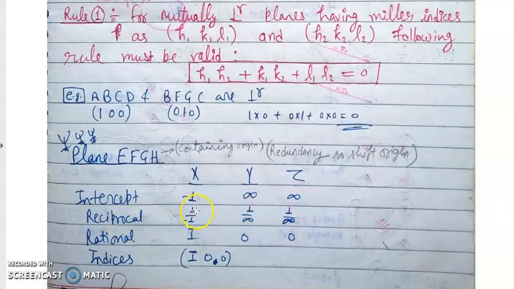If you take the reciprocal, it becomes 1 divided by -1, 1 by infinity, 1 by infinity. So the rationalized value will be 1 bar. Whenever there is a minus sign, you can write it as a 1 bar, and Y will be equal to 0. The rationalized value for this intercept will be 0, and similarly for that it is 0. So the indices will be 1 bar 0 0 for plane EFGH.